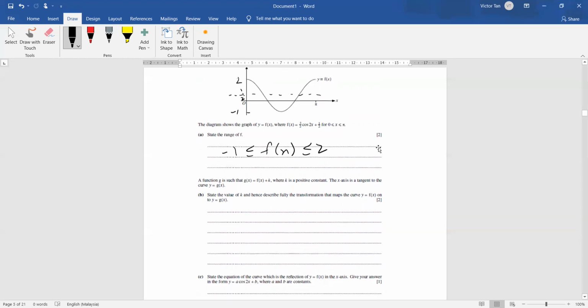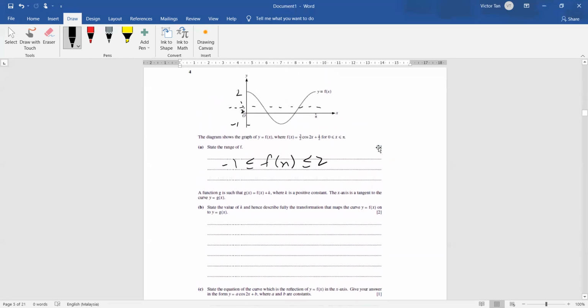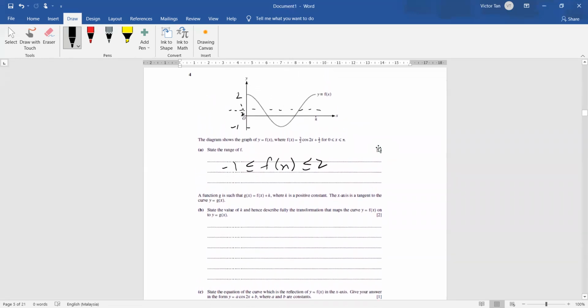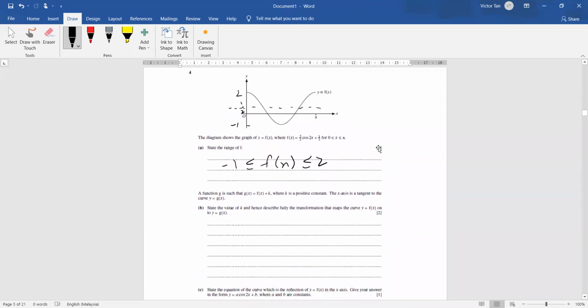Function g such that g(x) equals f(x) plus k, where k is a positive constant. The x-axis is a tangent to the curve y equals g(x). State the value of k. So this is one of the new topics on graph transformation. Basically, it's a vertical translation upwards by 1 unit.